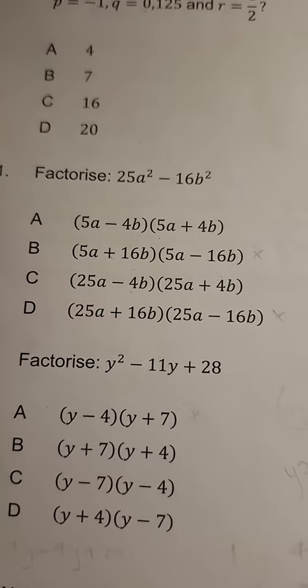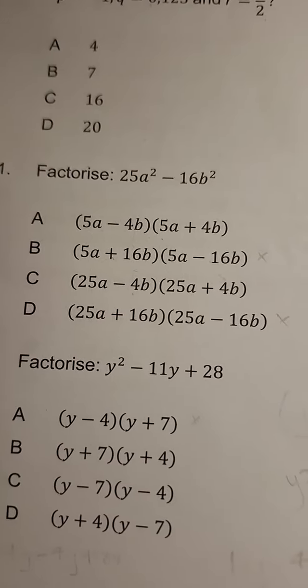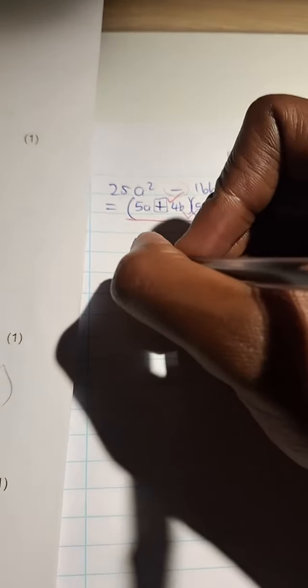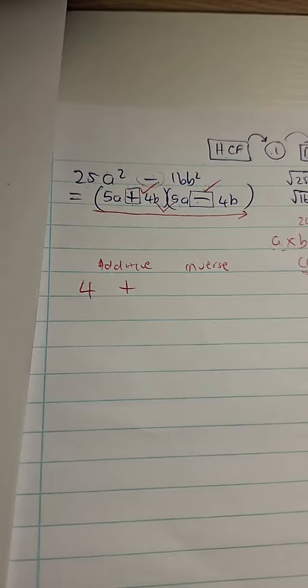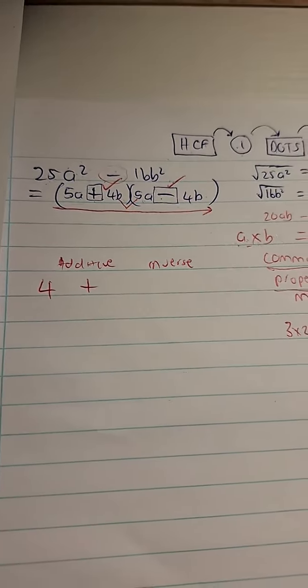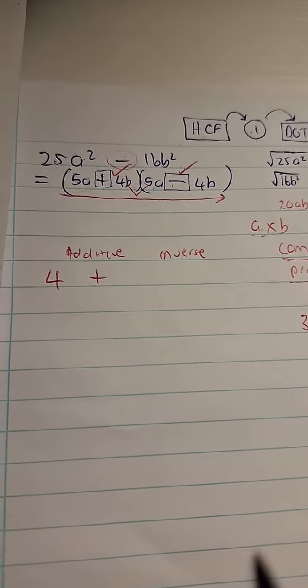Now to Zahid Ismail, who is asking what is additive and multiplicative. Guys, additive inverse. Let me just give you an example. Additive inverse is simply this. If I give you 4 and I ask you, what is the additive inverse of 4?